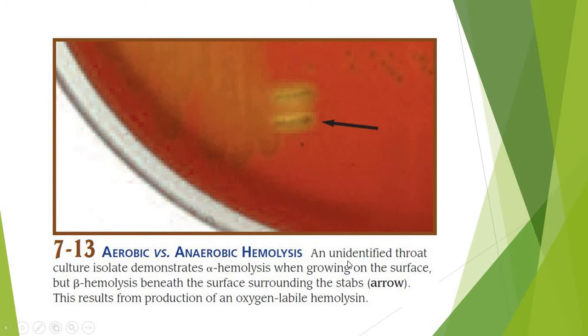An unidentified throat culture isolate demonstrates alpha hemolysis growing on the surface and beta hemolysis beneath the surface surrounding the stab, meaning the arrow. This results from the production of oxygen labile hemolysin.